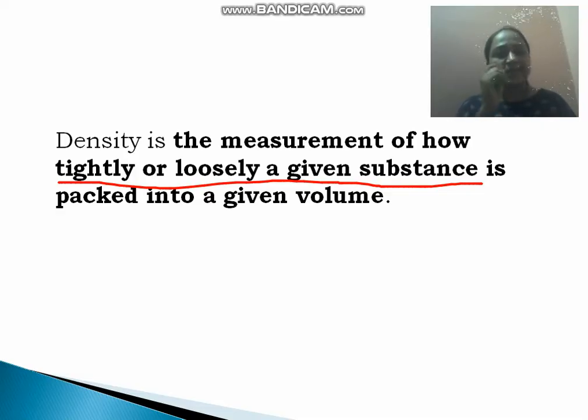So density totally depends upon that arrangement of atoms, ions and molecules in liquids, solids and gases. We can determine the volume if we know the density of that substance.